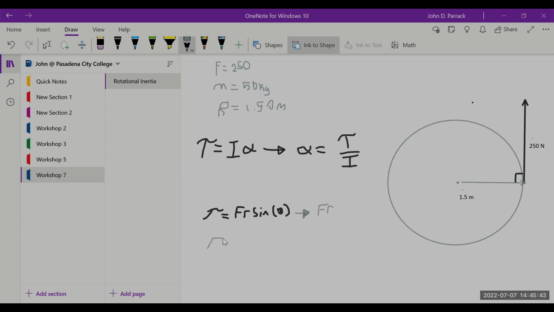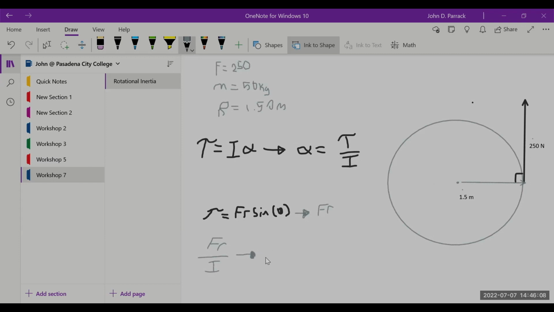And now what do we have? We have F R over I. We still need to find this I value. You have for your course somewhere, I'm sure, a table of common rotational inertias that were given to you. If you don't, they're easy to Google. You'll be using these a lot.